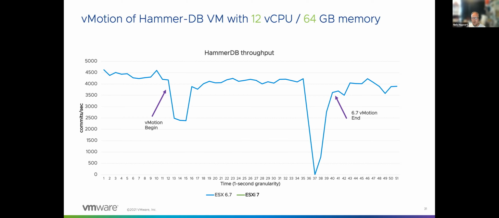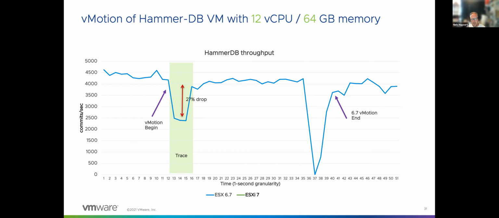What we see with vSphere 6.7, for example, is that we immediately notice when the vMotion operation is initiated, because we see a drop in performance. This drop is already 27% during that tracing phase that we talked about earlier. Also, we notice when the vMotion ends, because we see a full drop to 0 commits per second. Good thing, though, is that we still remain within that 1 second of switchover time.